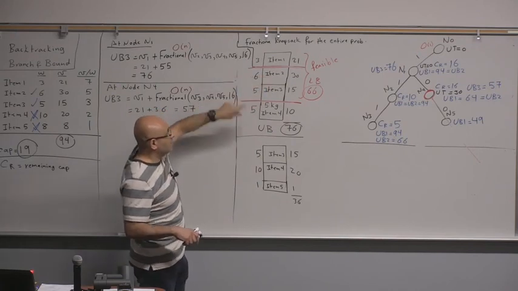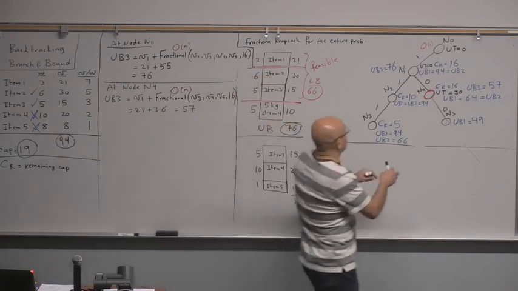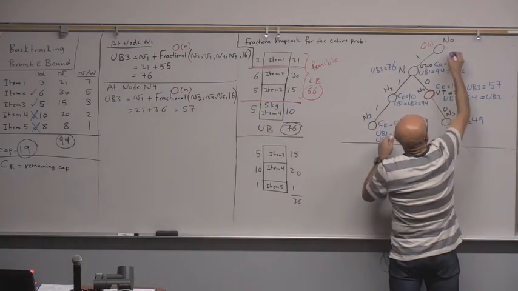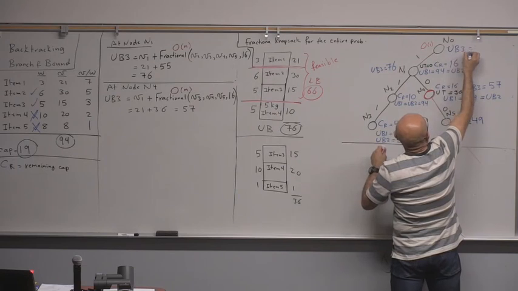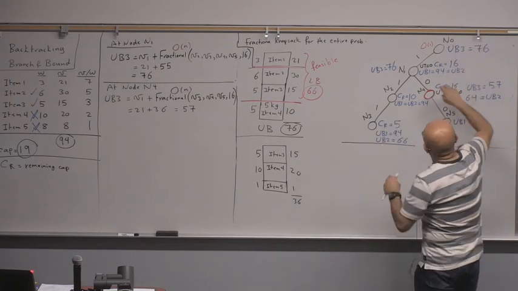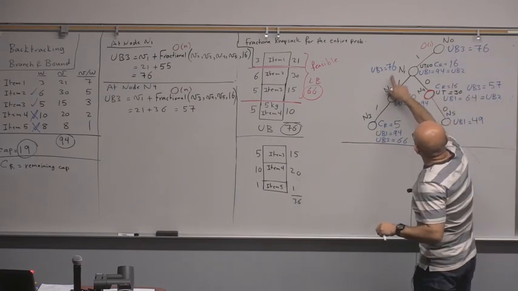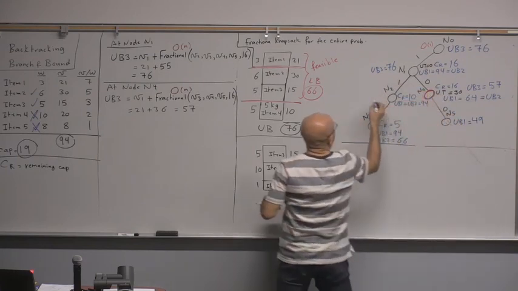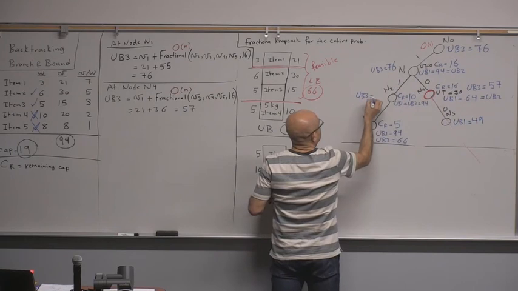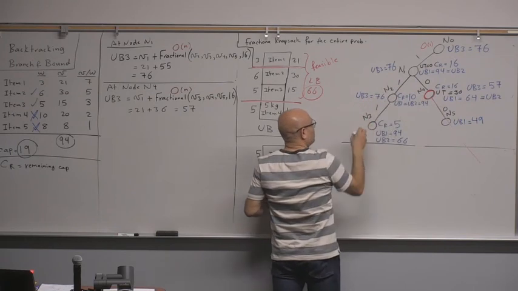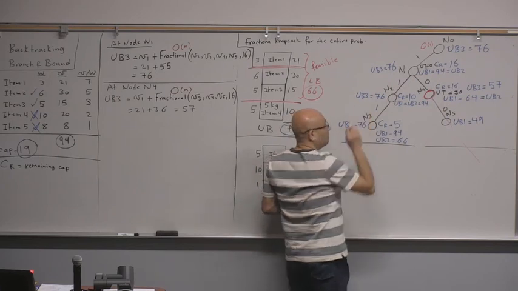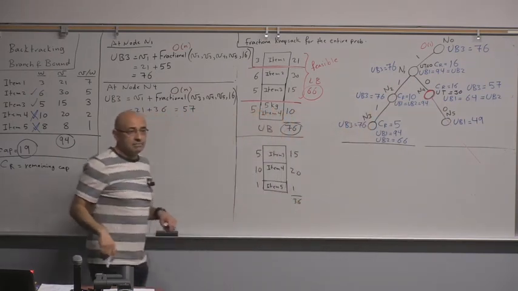So upper bound 3 equals 76 here, because we have decided to take an item. In fact, upper bound 3 is going to be 76 as long as we are taking items. So we don't have to do any recalculation.